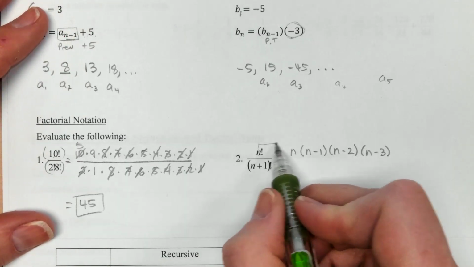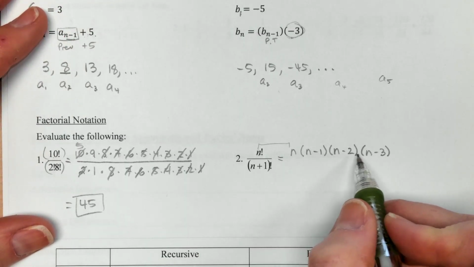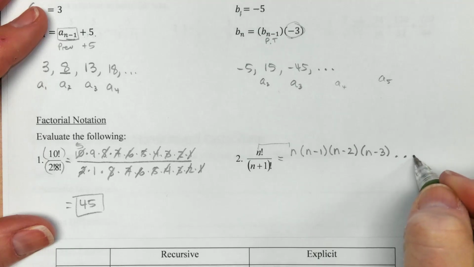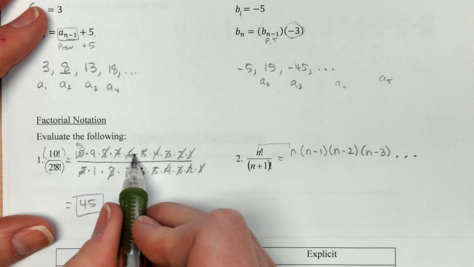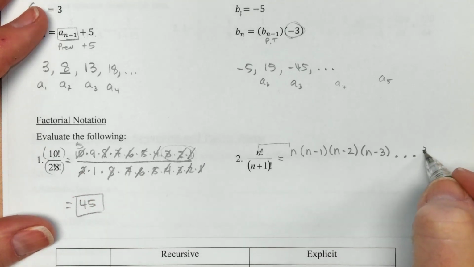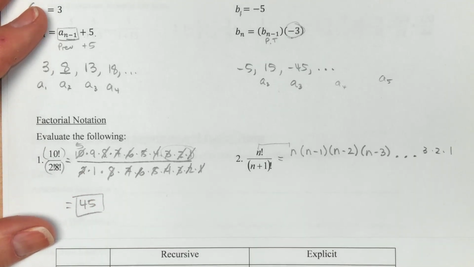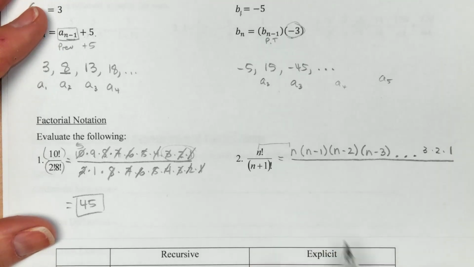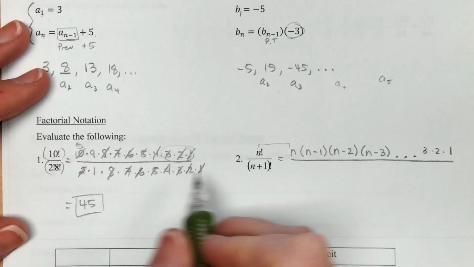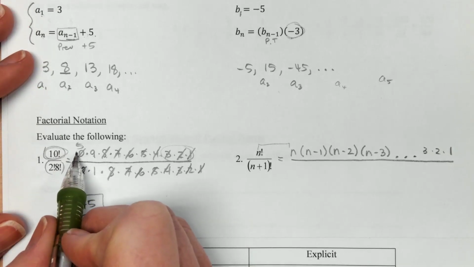So you start with whatever the factorial was, and you just go down by 1 until you get to the end. So if you started with 100, you got a long ways to go. But once you get to 3 and 2 and 1, then you know you're done. As soon as you hit that 1, that's the end of your factorial. On the bottom, we're actually going to start with n plus 1, which is weird, but let's just pretend that this was 10.